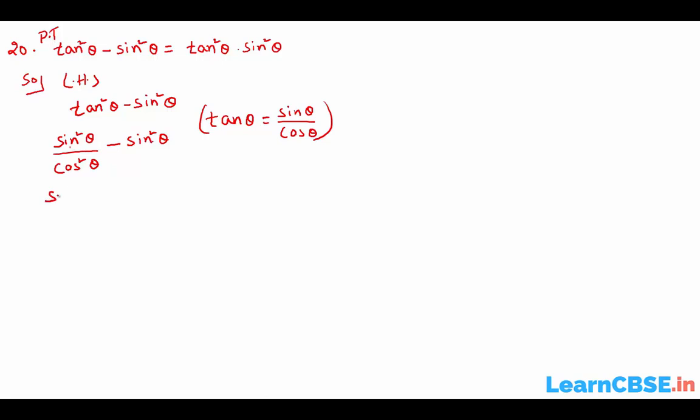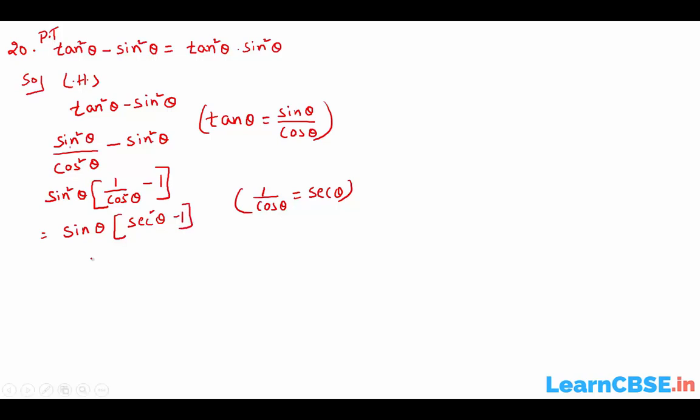Let me take it out, sin square theta, then here you're left with 1 by cos square theta minus 1 here. So sin square theta into, all of you know that reciprocal of cos is nothing but secant theta. So I can replace here and write as secant square theta minus 1.